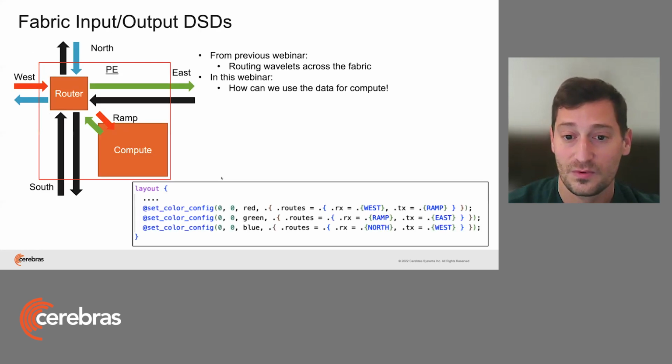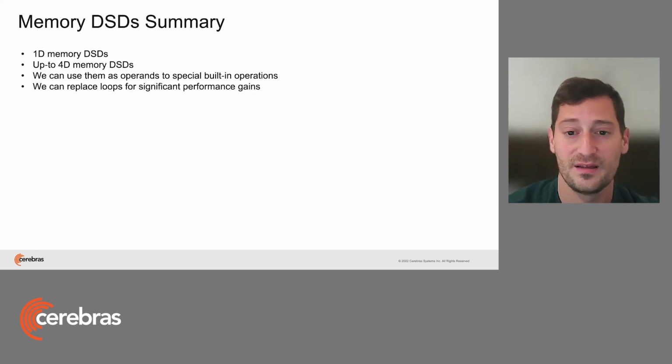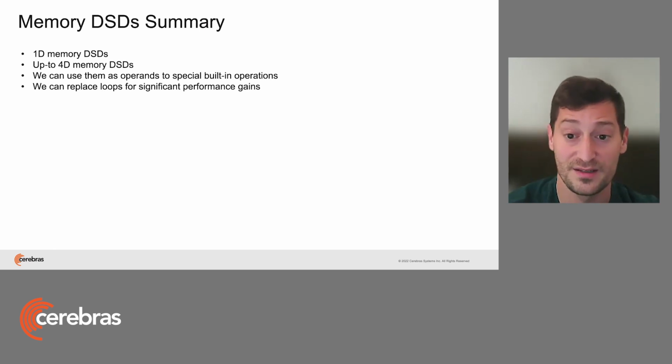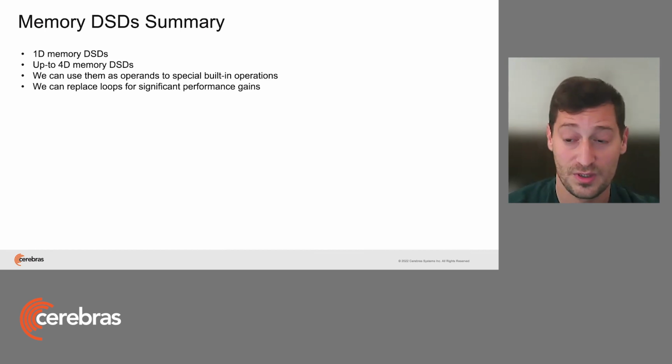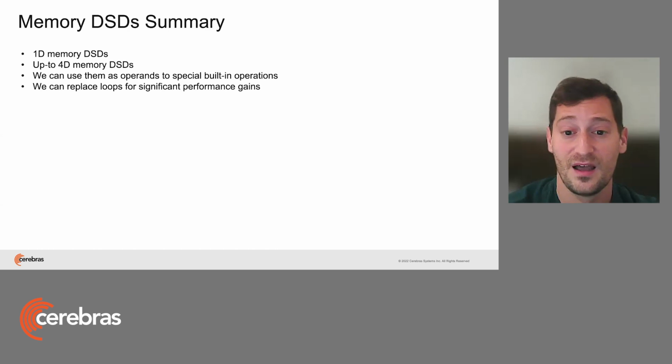So what we've seen so far is that we can create DSD values that can be of two kinds, 1-dimensional memory or up to 4-dimensional memory DSDs. We can use them as operands to special built-ins. There is a collection of them. I would point you to our documentation for the full list.